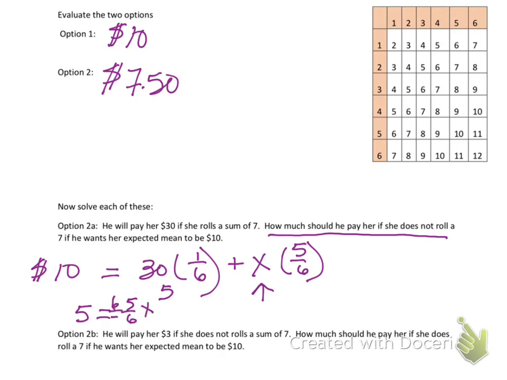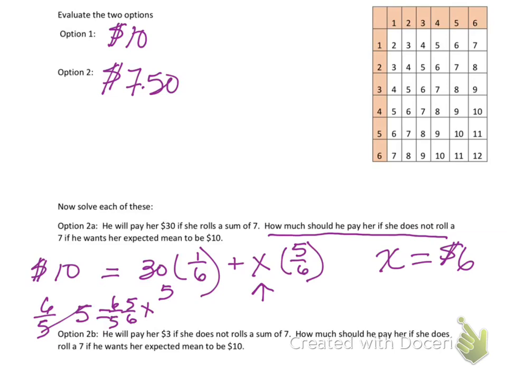Multiply both sides by 6/5. So it looks to me like it should be $6 every time she does not roll a 7, and that will get her expected mean to be $10. So in this case, x should be $6. So that's option 2A.